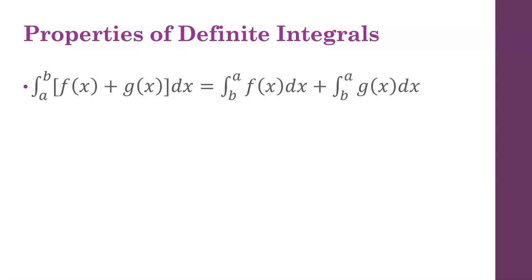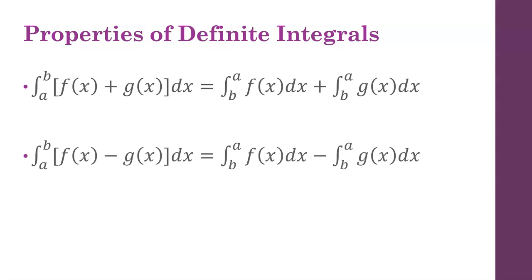So the next property says if I am adding two functions and I integrate, that's the same as integrating the functions first and then adding the results, right? Again, as long as f and g are continuous. Remember that condition applies to these also. And if I'm subtracting the functions and integrating, that would be the same as integrating first and then subtracting.